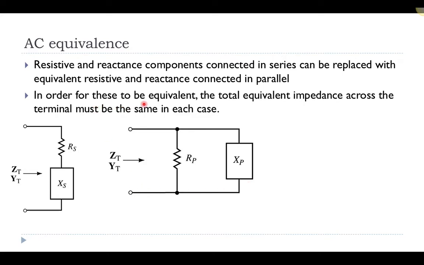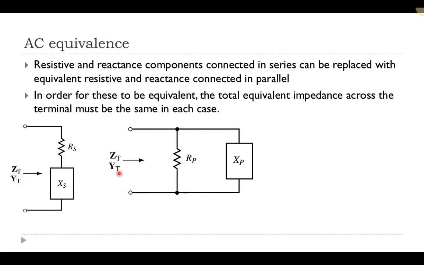In order for these two to be equivalent, if I were to measure the impedance across the series terminals, the total equivalent impedance would have to be the same as if I measured it across the terminals over here.